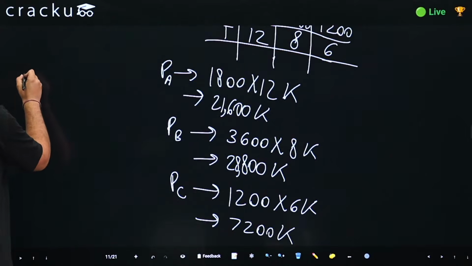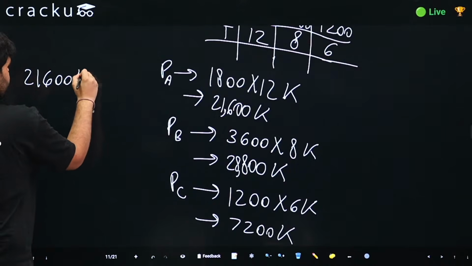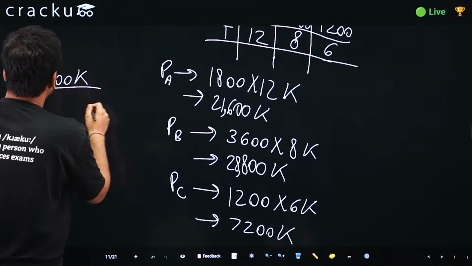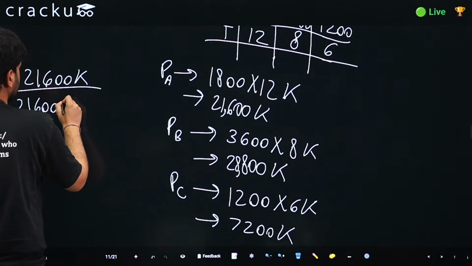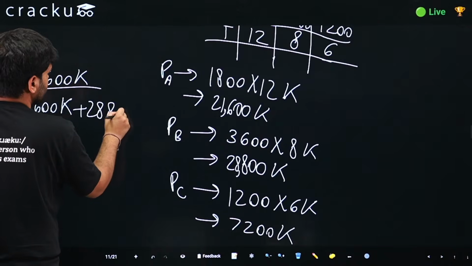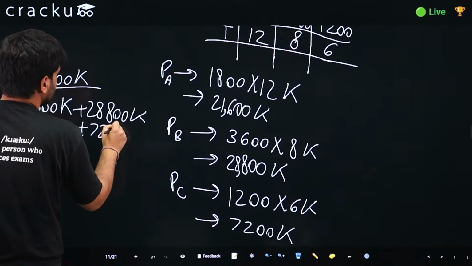A's share would be 21,600K upon the total, 21,600K plus 28,800K plus 7,200K.